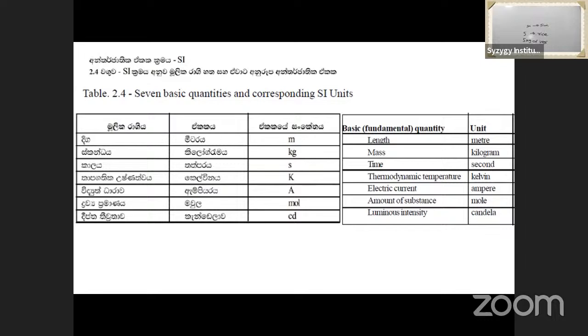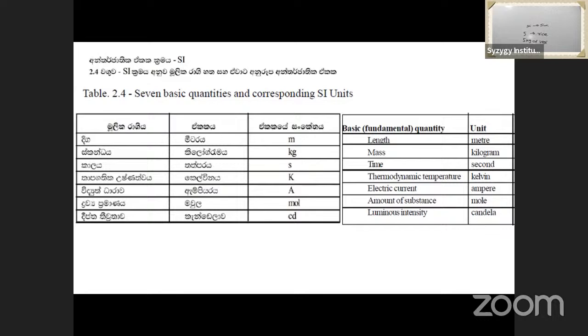Luminous intensity, right? That means the level of the light, we have to use candela to measure. Why haven't they used Ca for candela? Because Ca we are using to represent calcium, no? Therefore, we have to use cd, candela.